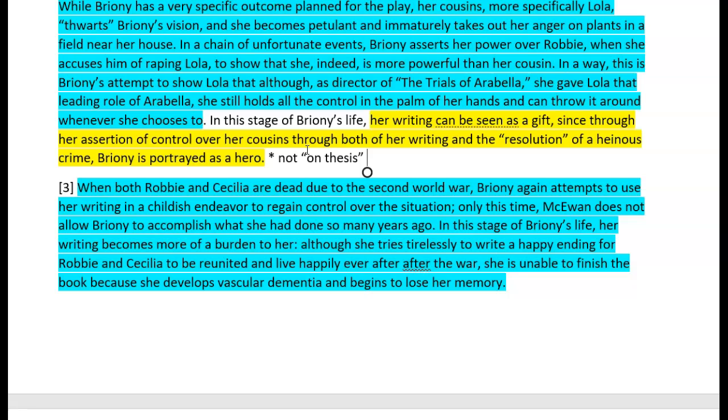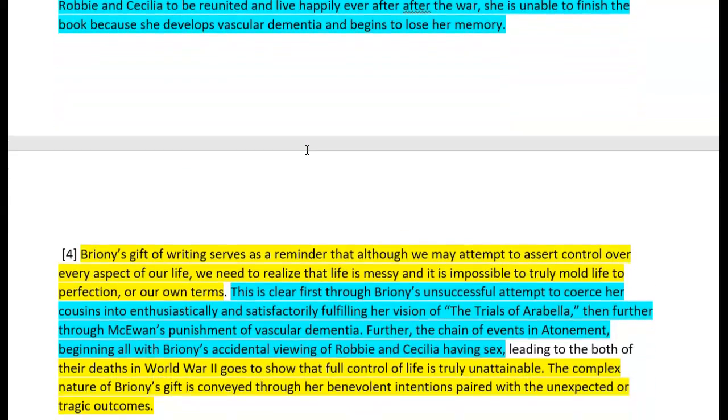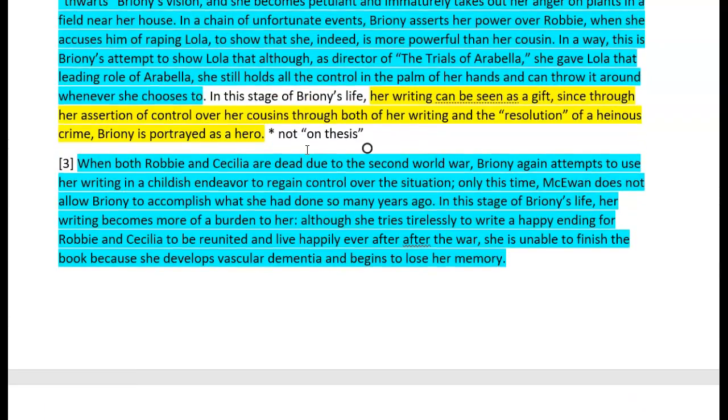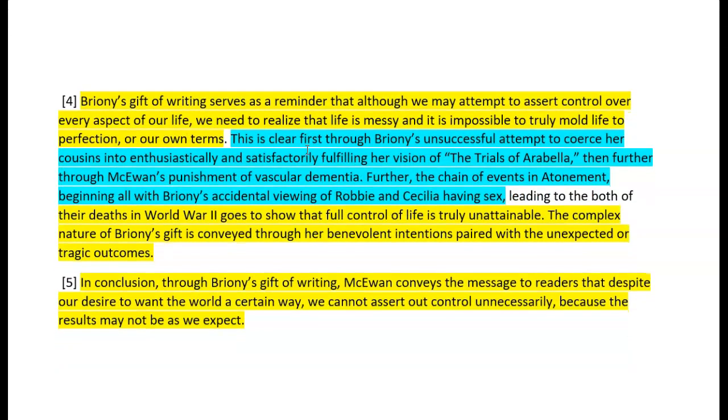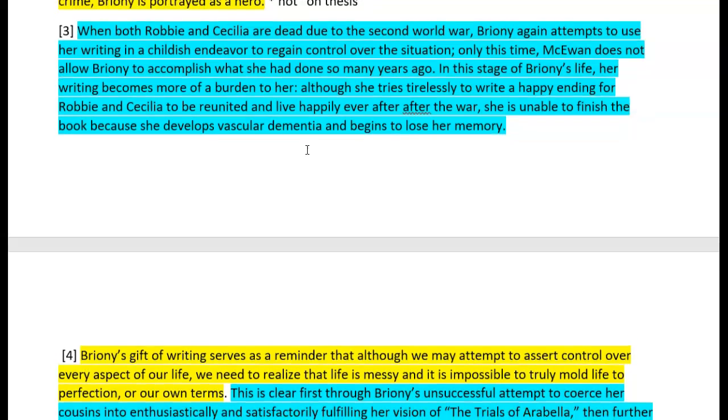Bryony's trying to rewrite the story so that Robbie and Cecilia have a happily ever after ending, but you can see where this doesn't quite work because the example she gave didn't tie back to the claim. And when we look at the evidence, there's a ton of evidence there, but it just doesn't add up in a way that's logical and makes sense to us.